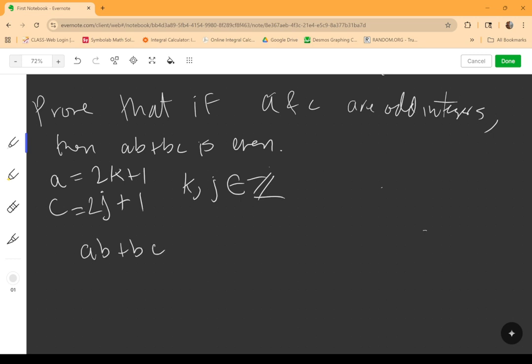Now let's start with AB plus BC. This is my conclusion, that this is even. That's where I want to end. So I'll initially start with the distribution property and write it like this. That's just distribution. Then I'll substitute.